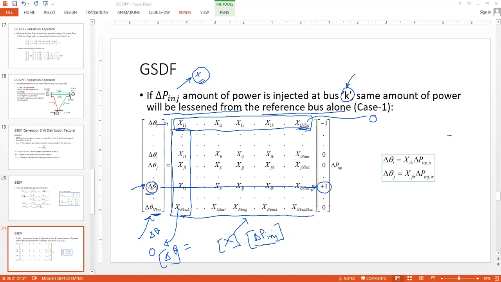This is the row number for the kth bus. So at the kth bus entry, we will have some injection, and if it is a positive injection, which we have considered here, the same amount of injection will be lessened from the reference bus. So it is a -1 for the reference bus entry, the first row of the P injection array.